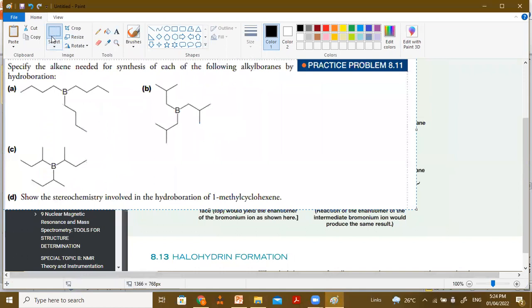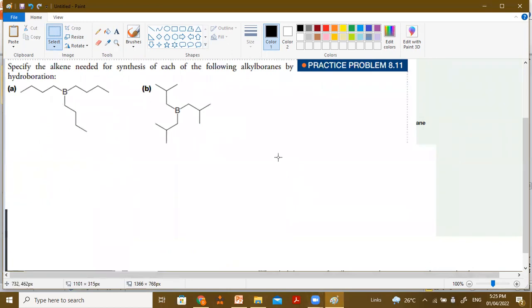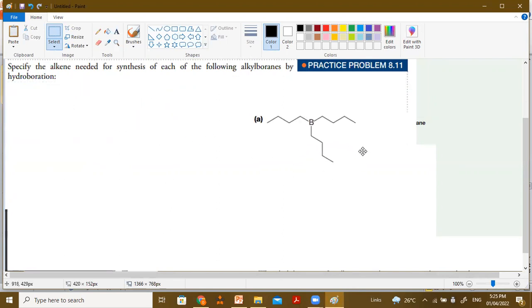Okay, so you have the first part. So this is our product, okay? So what will be our reagents? This is simply the hydroboration process. So our reagent is BH3.